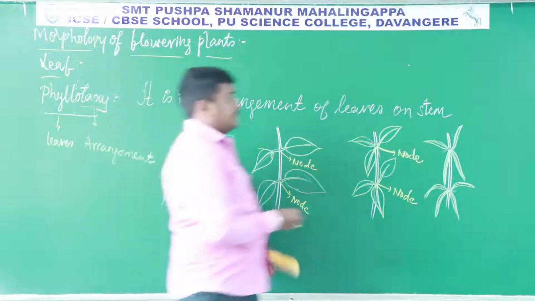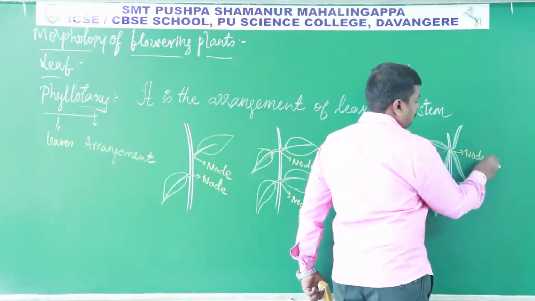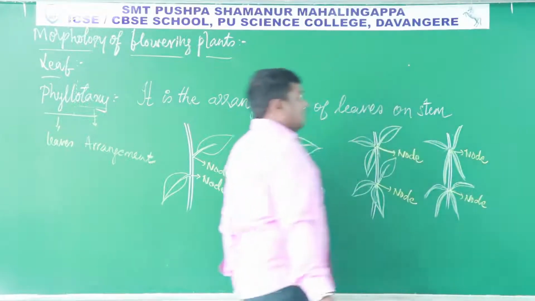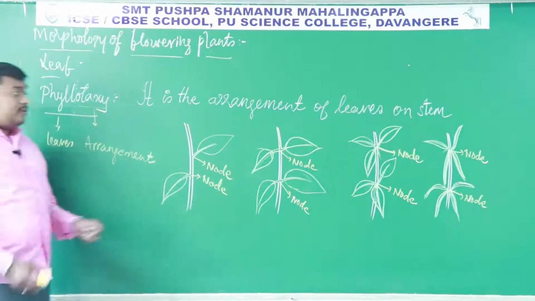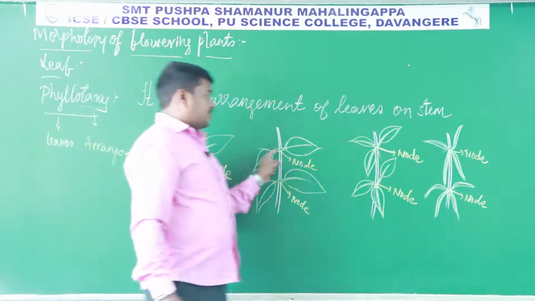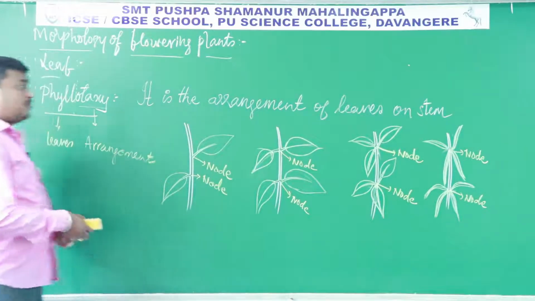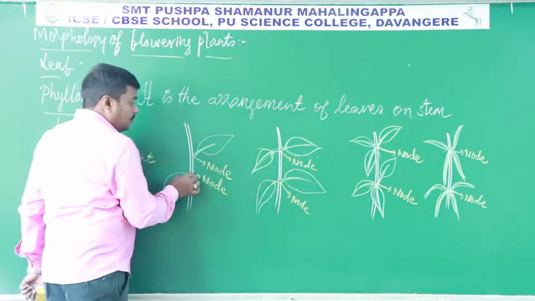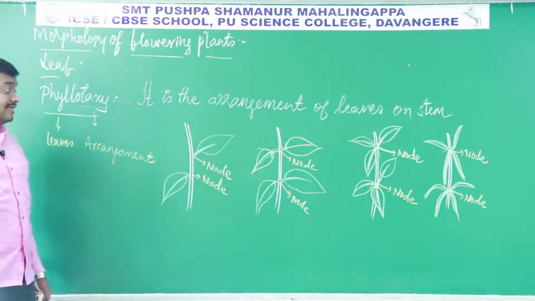Here it is a node, also a node. Among these you can observe how many leaves are produced per node. In this case each node produces a single leaf.